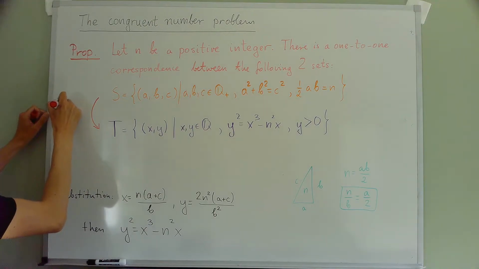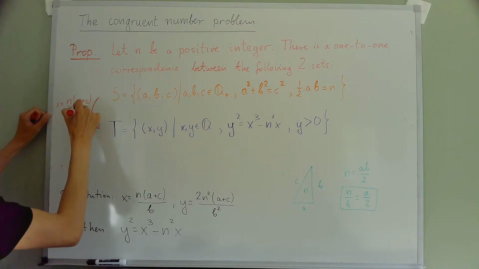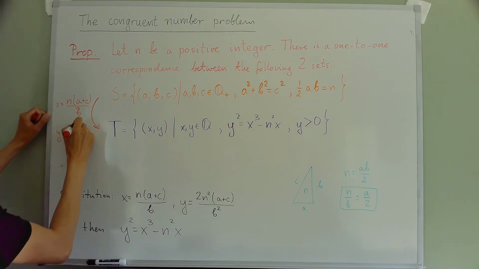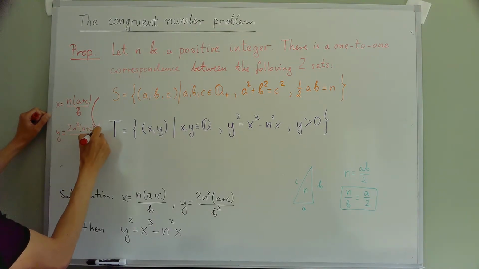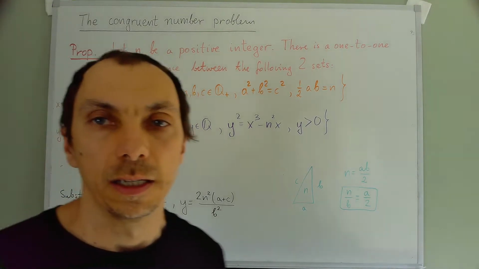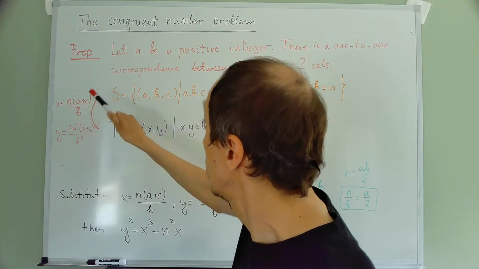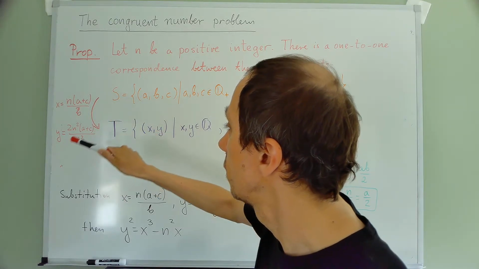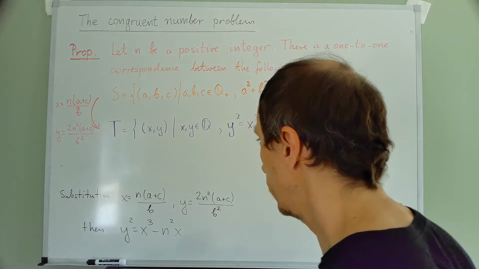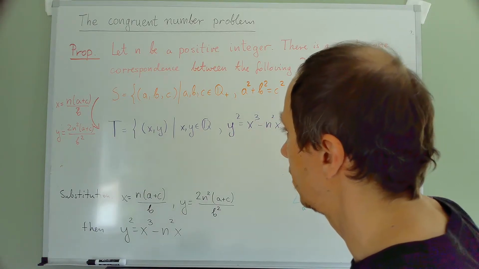So x is equal to n (A plus C) over B, and y is equal to 2n squared (A plus C) over B squared. Right, you see that, so A, B, and C are all positive rationals. So what you get here, and n is a positive integer, so what you get here is a positive number and a positive number as well. Hence you definitely end inside this set.